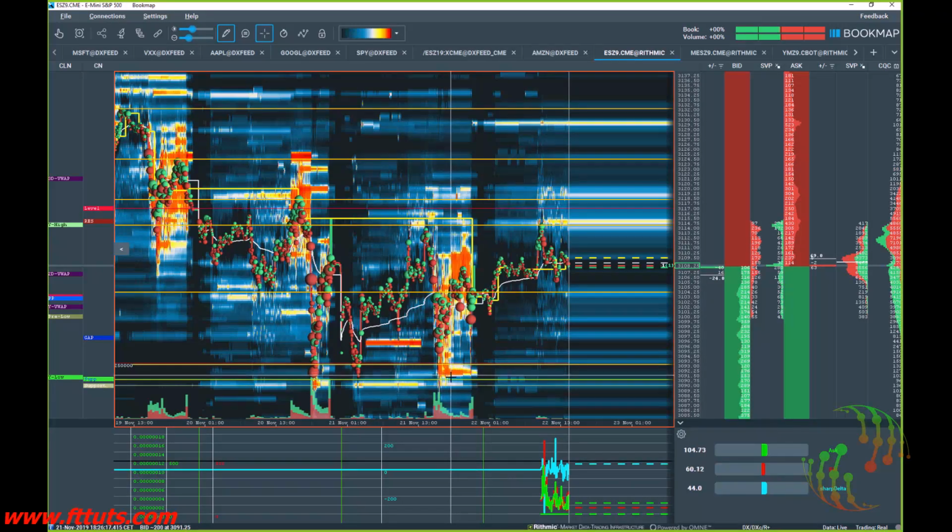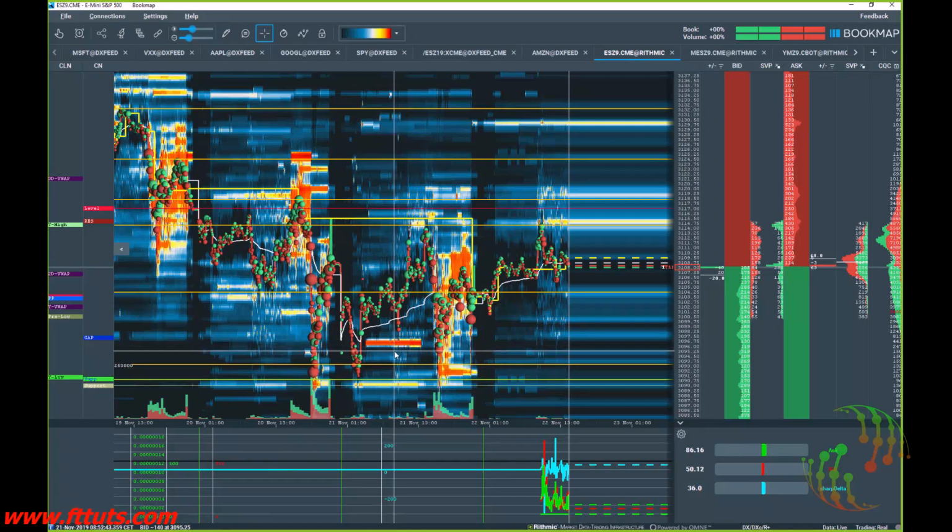And yesterday, for example, it was here. That should be or might be a nice and good support for today, 1392. That helps you to be focused on certain levels.